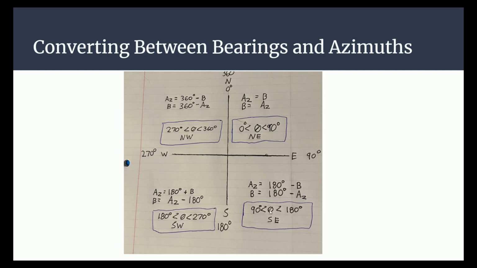If it's from 90 to 180 degrees as an azimuth, we follow this rule. 0 to 90 or anything in the northeast, follow this rule. Anything from 270 to 360, which is in the northwest section, we follow this rule of conversion. Anything southwest from 180 to 270, we follow this rule. This will give you constant values of converting bearings and azimuths.